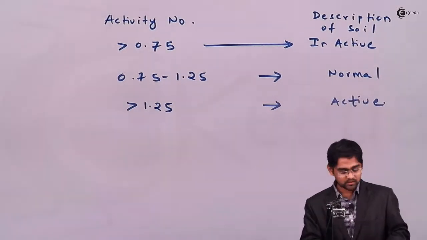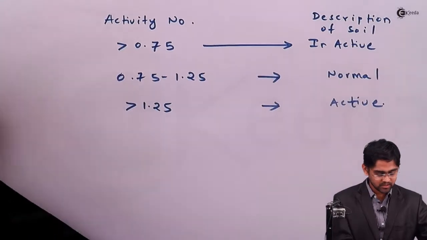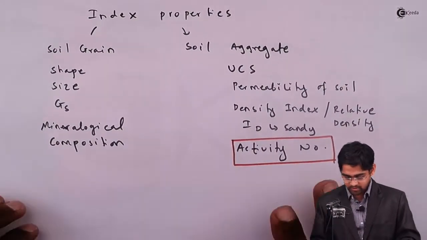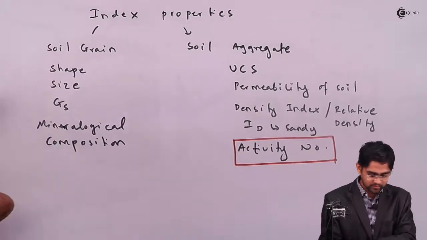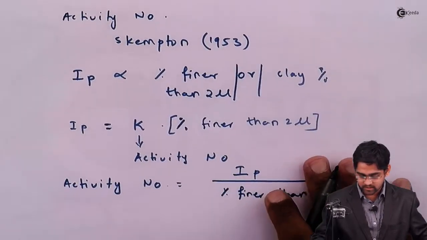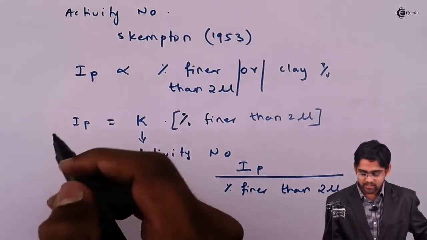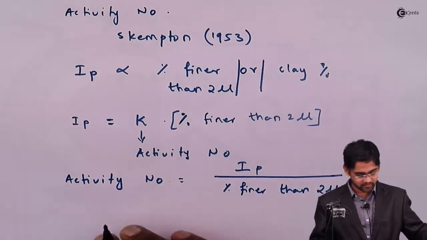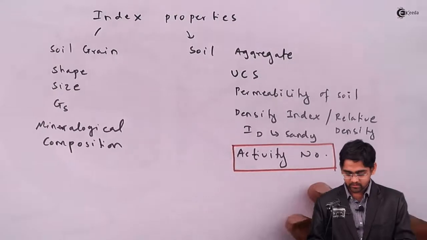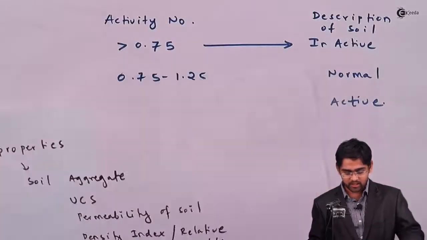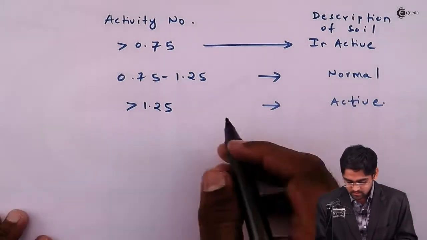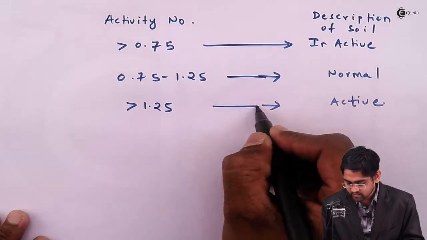So this part was left out from the previous bit of the index properties, because at that particular time you were not aware of this definition of plasticity index. In order to define plasticity index, I have to go to the Atterberg limits. That's why I left it out, and we have now seen the activity number and the classification of soil depending on it.